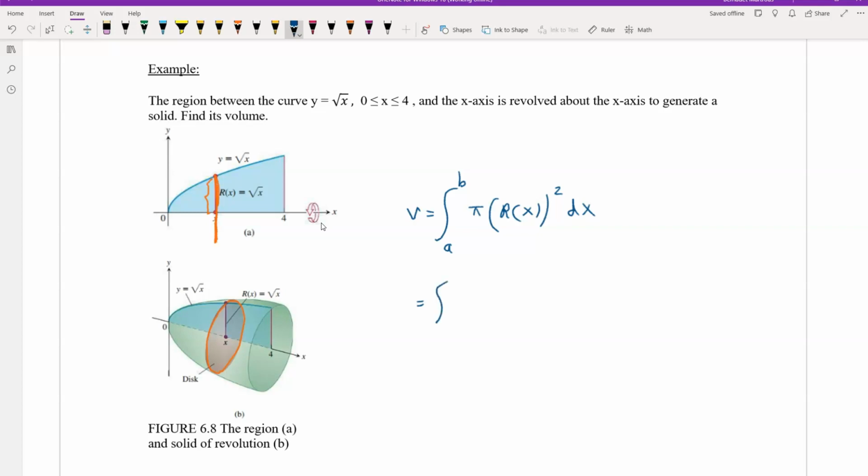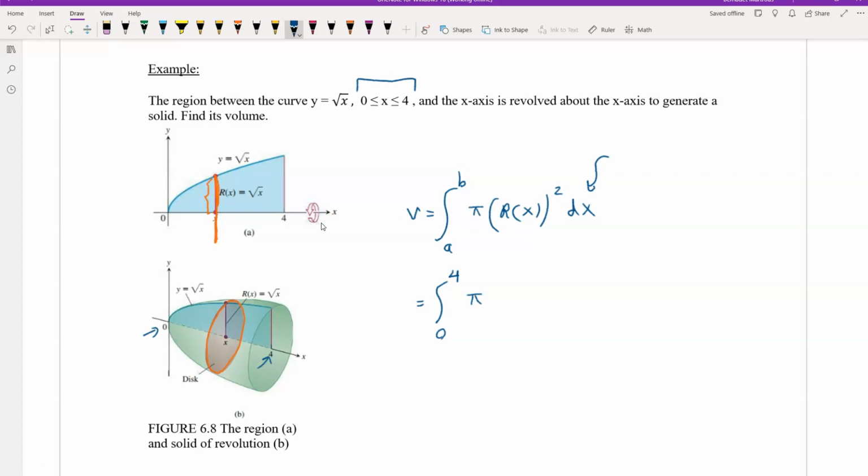The integral is on x, so this is based on x. This one revolves about the x-axis, and this is from 0 to 4. And here we have this given.